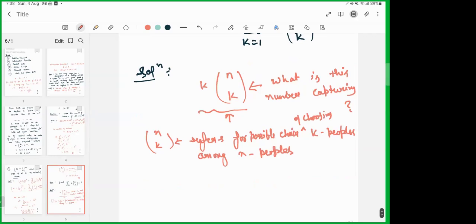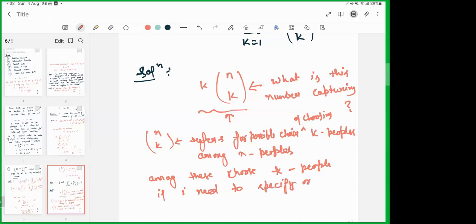And among the chosen K people, if I need to specify one person, then the total choices by the product rule is equal to K into N choose K. Right?